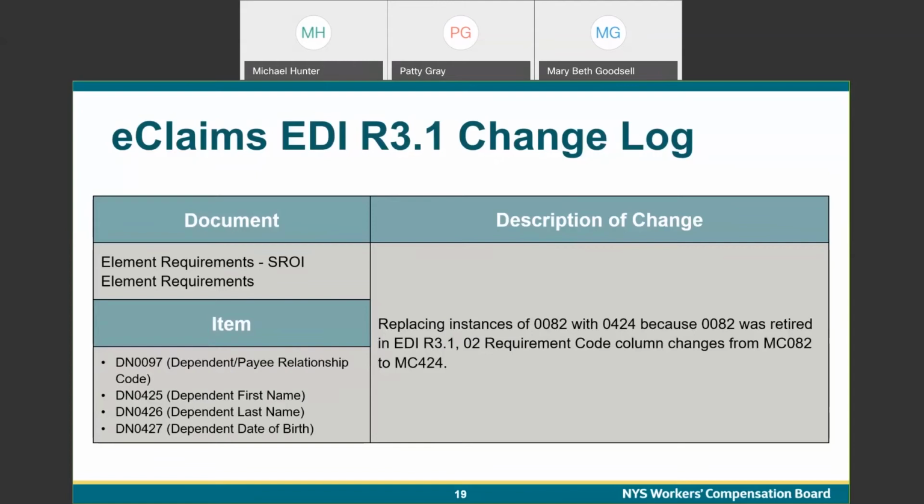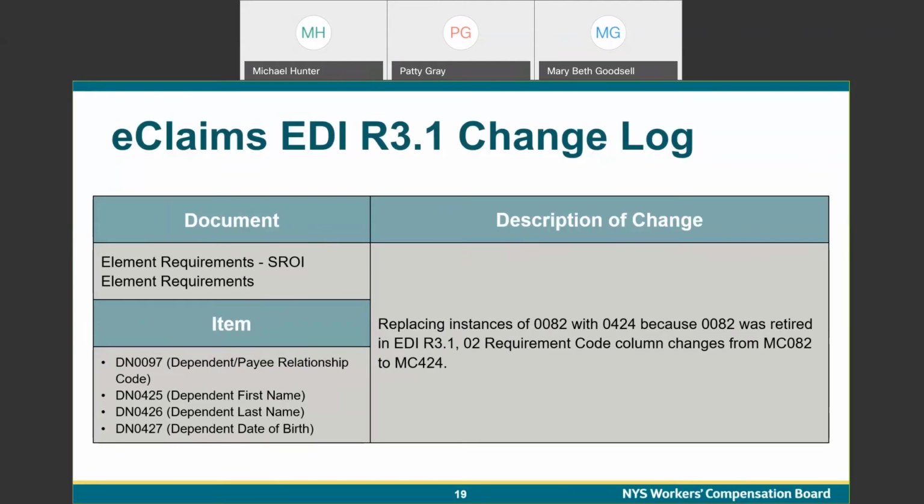On the Schroy element requirements, for DN 97 dependent payee relationship code, DN 425 dependent first name, DN 426 dependent last name, and DN 427 dependent date of birth, we replaced all instances of reference to 0082 with DN 0424.